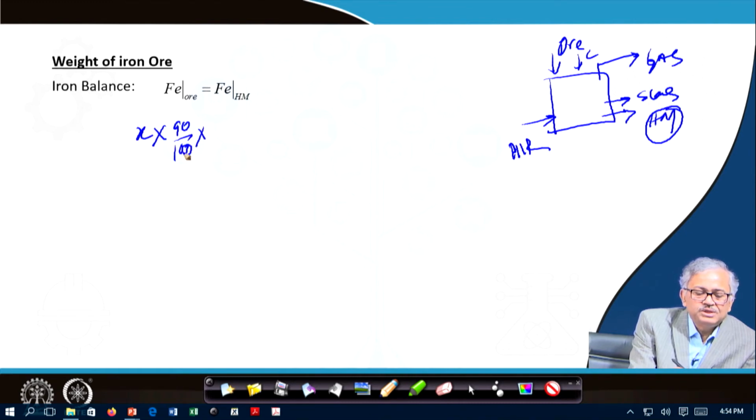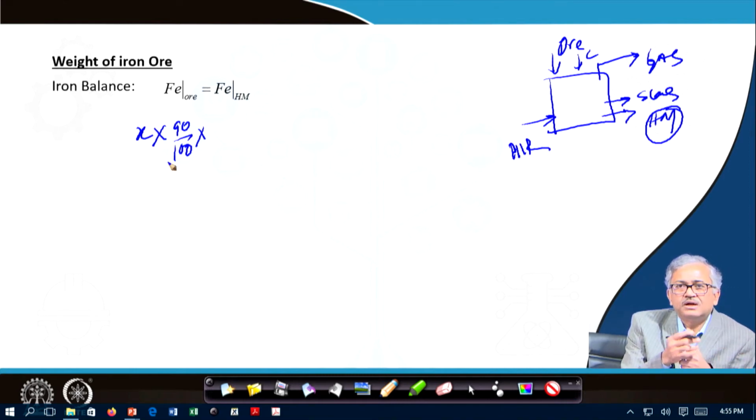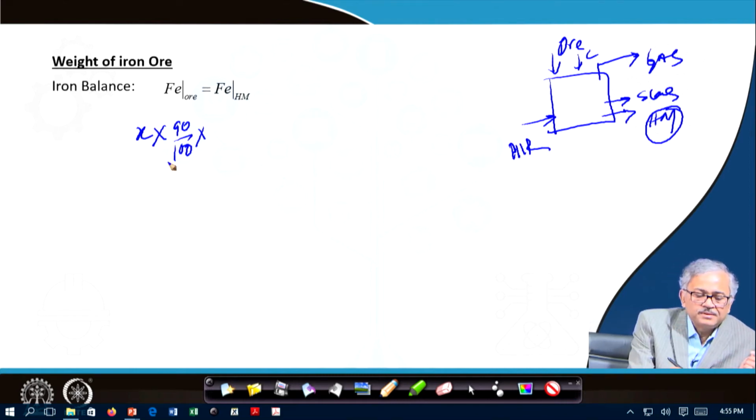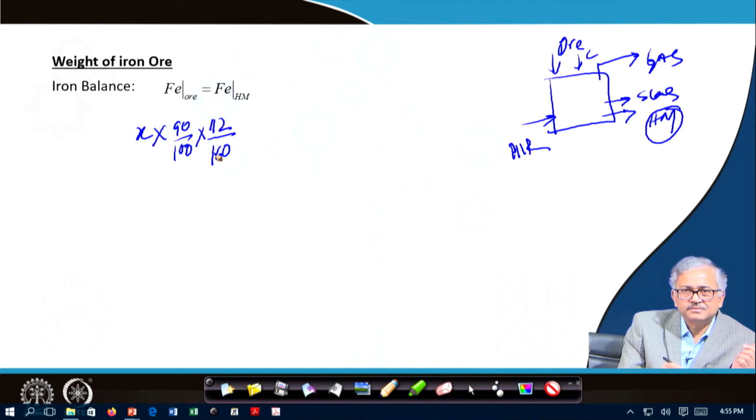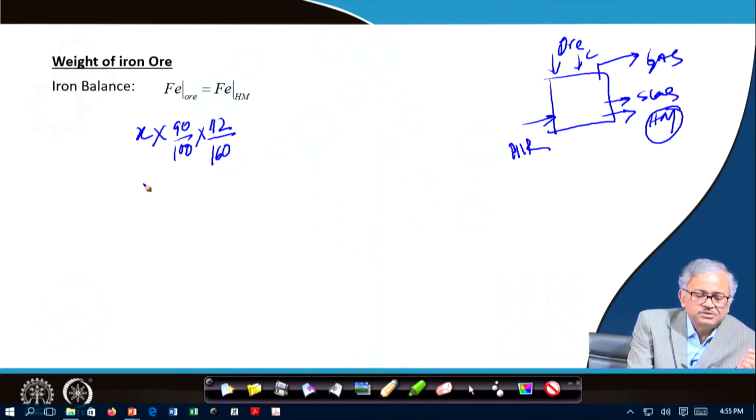Fe2O3 contains how much iron? 112 grams of iron is there out of 160 grams of Fe2O3, because in Fe2O3 you have 2 Fe and 3 O. So this is the total iron coming through the ore.